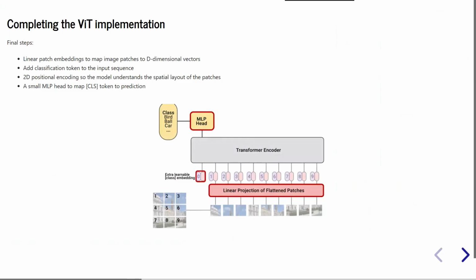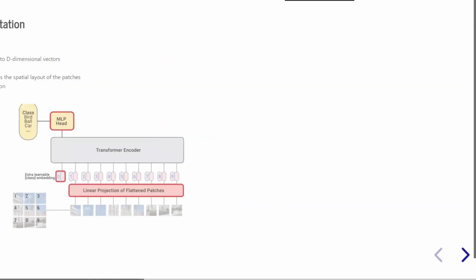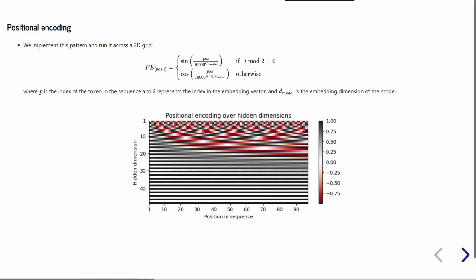So we have already seen how to patchify the inputs. We have seen how to implement the attention blocks that are at the basis of the transformer encoder architecture. So we just now need to look at the positional embeddings and the MLP heads. So let's first have a look at the positional embeddings or positional encodings that we want to add to the input tokens.